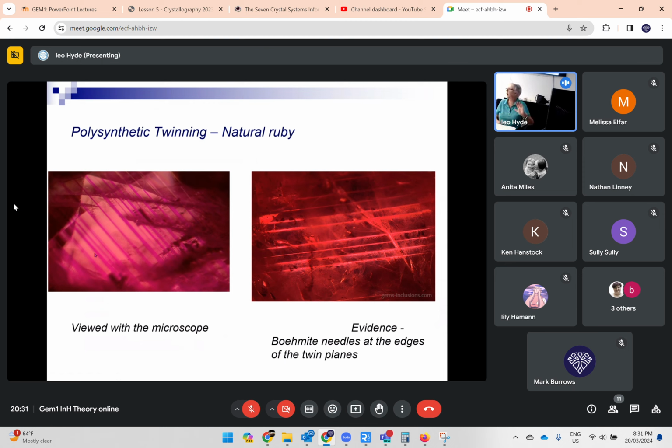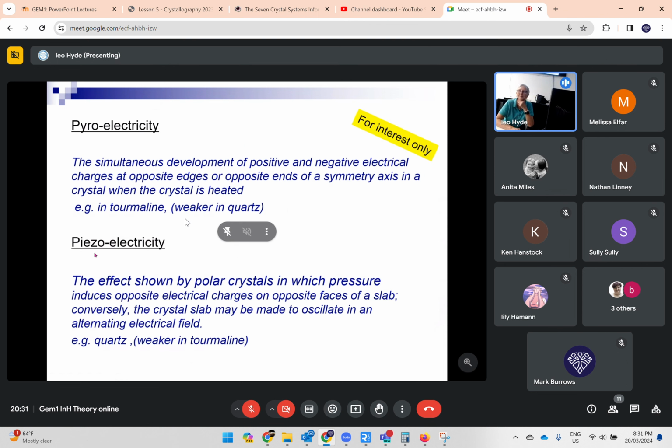And that's a nice thing to find if you know about twinning, because we don't get that in a synthetic stone. Except really, really rare. There's always a but.